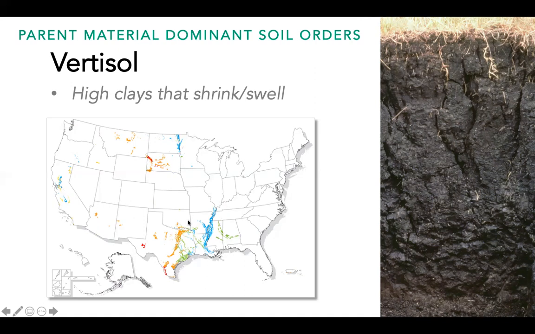So you can see that there are vertisols in a couple different places where there are river deposits. I did just want to mention a couple years ago, you might remember that there was a bunch of flooding in Texas from a hurricane that happened. So some of that is because it was down here in Southeast Texas where there are lots of vertisols.